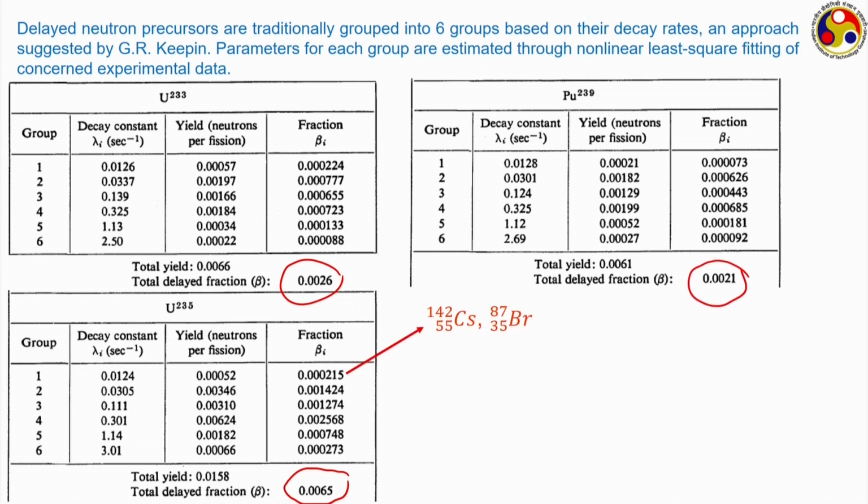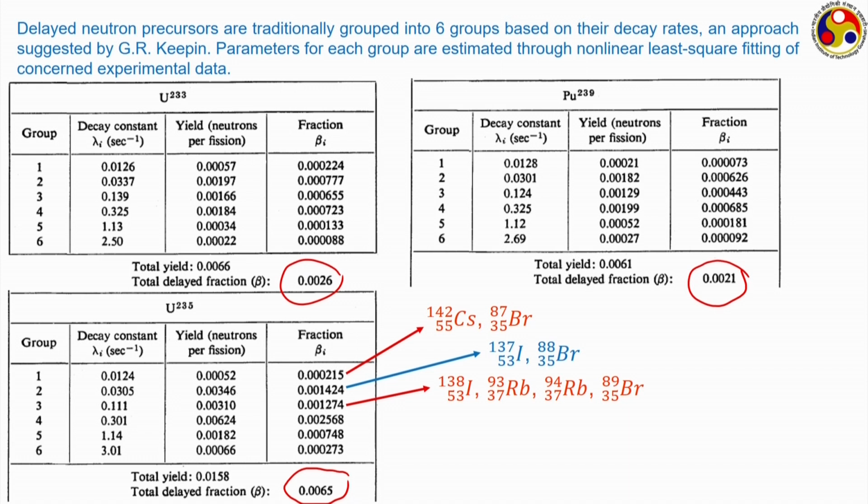These are some examples of the isotopes which can appear in different groups, like the first group, which corresponds to the lowest decay constant and hence the largest half life, belongs to cesium 142, bromine 87, etc. The second one also deals with iodine 137 and bromine 88, and in the third case there can be several kinds of isotopes like iodine 138, rubidium 94, and bromine 89.